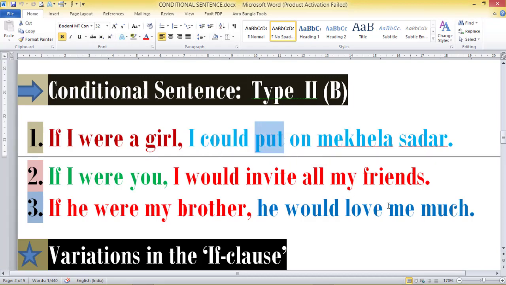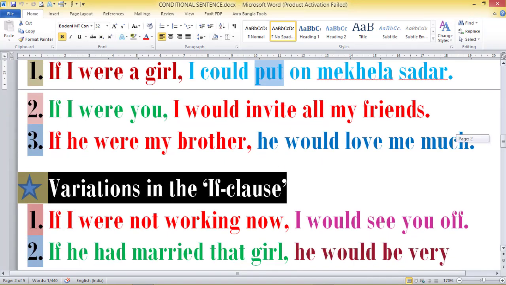Now let's go to the second sentence. The second sentence is, if I were you, I would invite all my friends. If I were in place of you, then I would invite all my friends. Here in the if clause you have to use past indefinite, that is unreal past or subjunctive. In the main clause of the subject I, we have used would, or you can use should, could, might according to the situation.